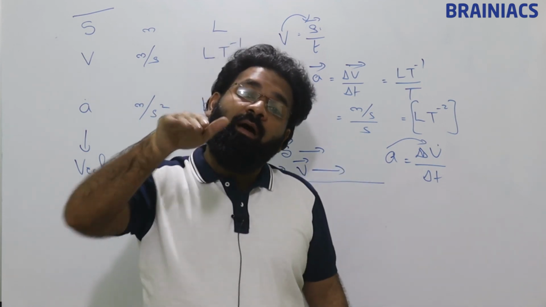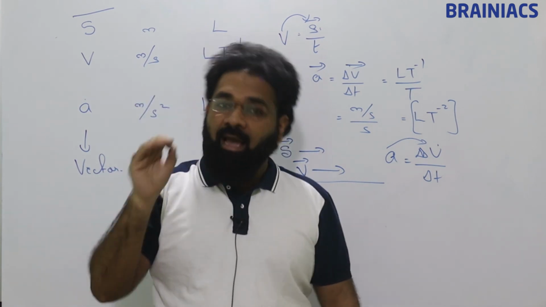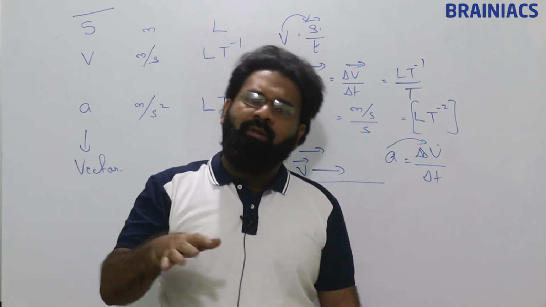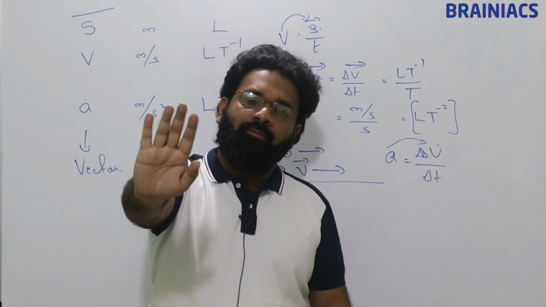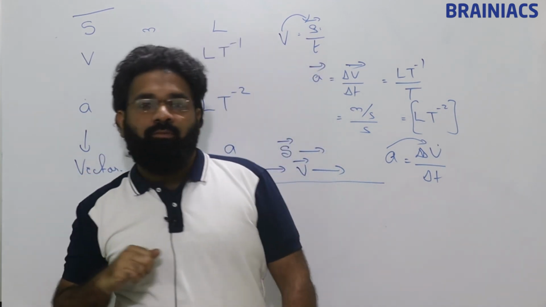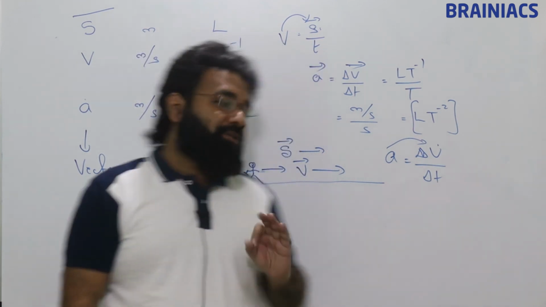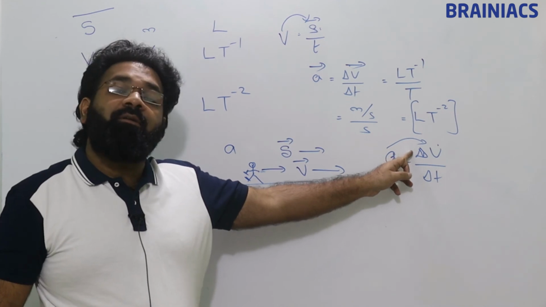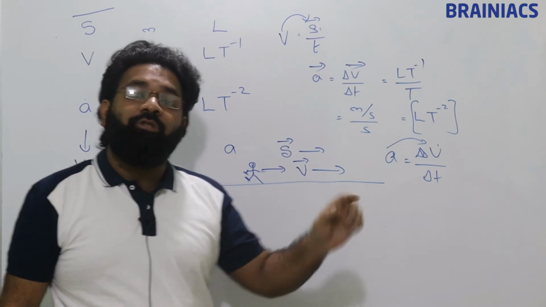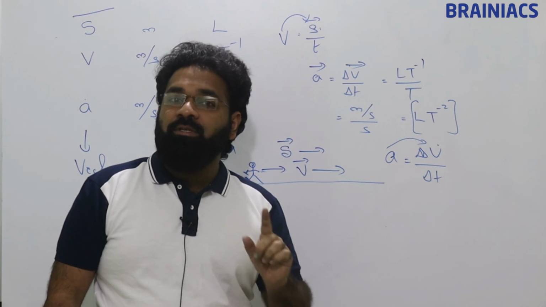So if the force is applied in the direction of motion, acceleration will be positive. We can say acceleration follows the same direction as displacement and velocity, no problem. If I am pulling you back, then acceleration will be negative. Velocity will come down. So the direction of acceleration doesn't have any connection with the direction of velocity. Acceleration follows the direction of force. The reason for acceleration is force. If force is there, acceleration is there.